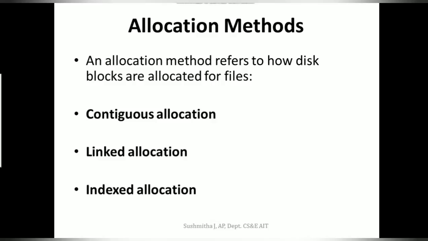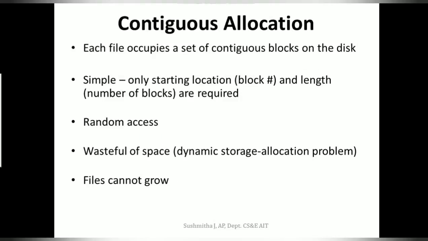So there are three allocation methods: contiguous allocation, linked allocation, and indexed allocation. We will see each of the allocation methods in detail. So the first method we have is the contiguous allocation.